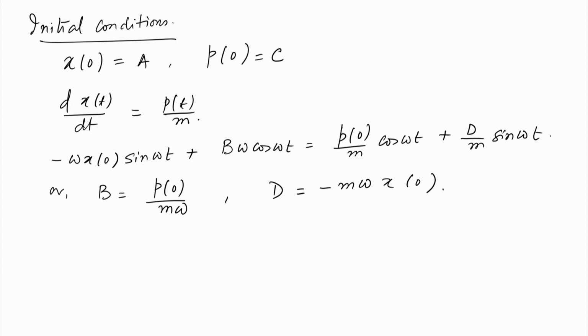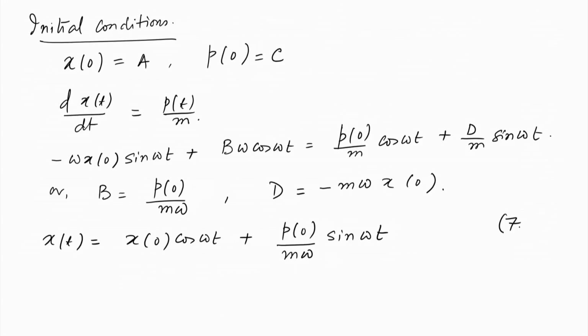Using these, we can write down x of t finally. So, x of t is equal to x of 0 cosine omega t plus p of 0 by m omega sin omega t. So, that is the form for x of t.